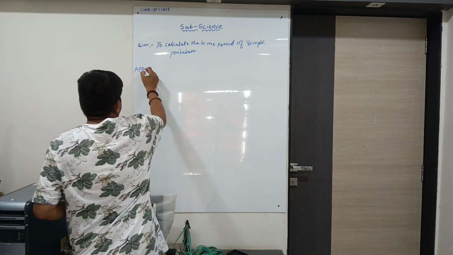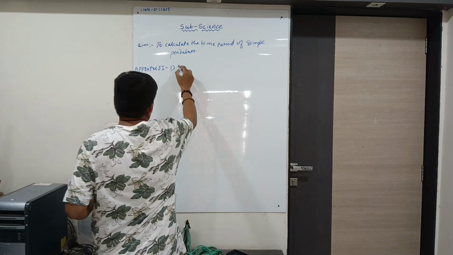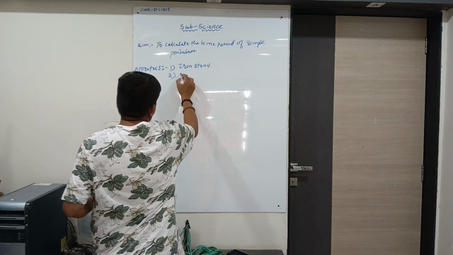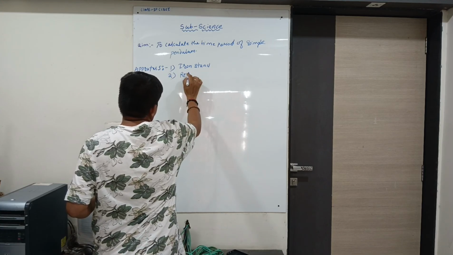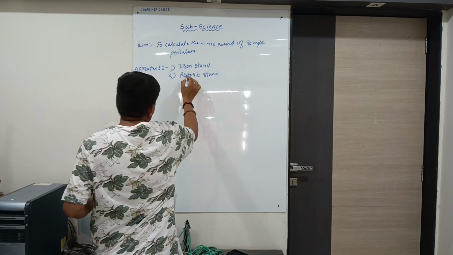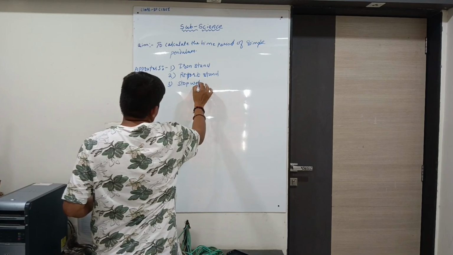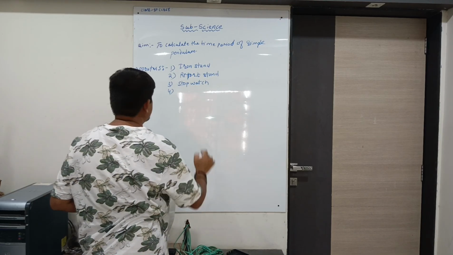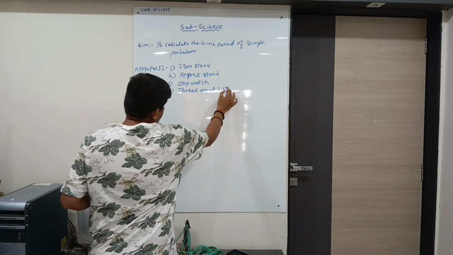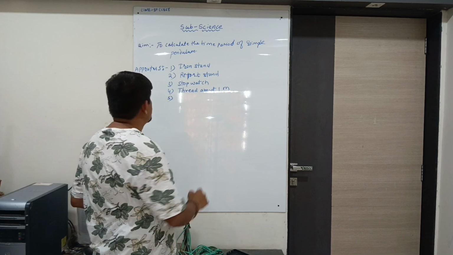What apparatus is required for that? We need an iron stand, we need a retort stand, we need a stopwatch, we need a thread about 1 meter, we need a metal bob.